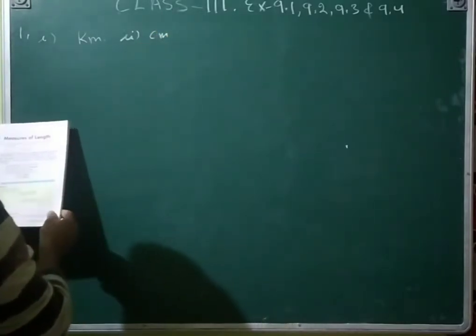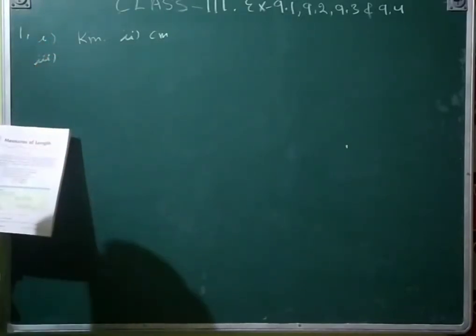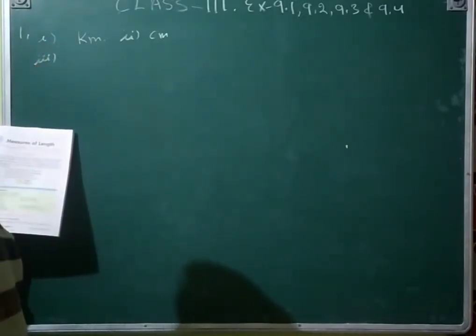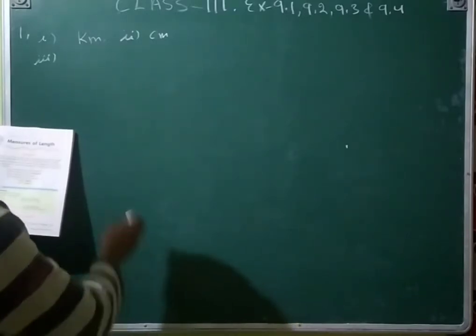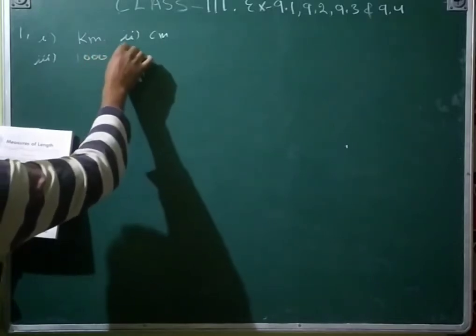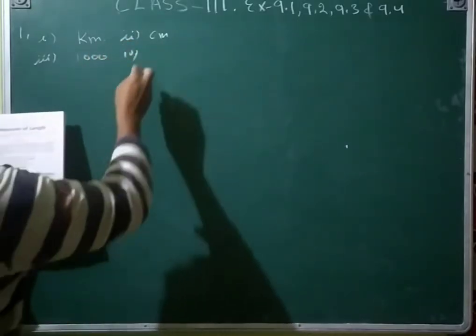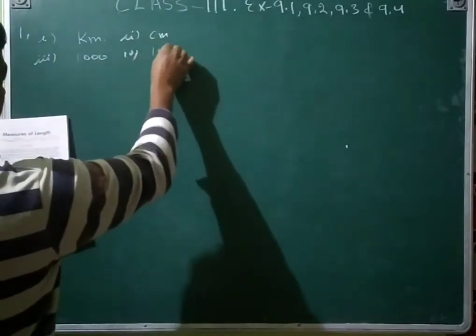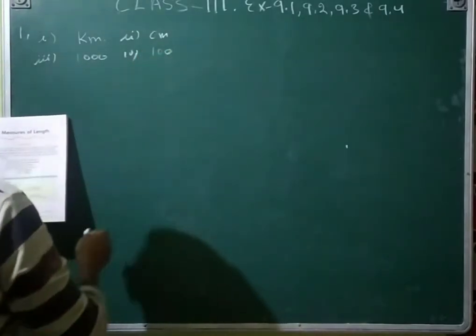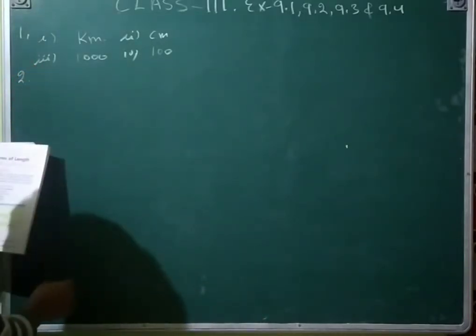And then third, there are 1000 meter in 1 kilometer. And then fourth part, there are 100 centimeter in 1 meter.